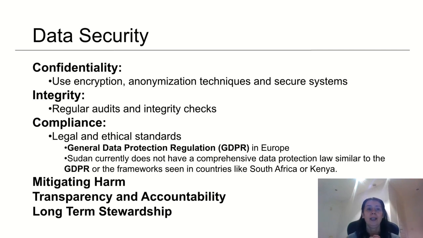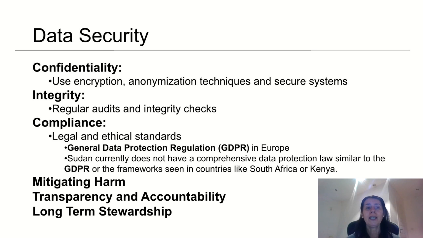So, in order to secure data, we have to secure confidentiality of sensitive data of participants. For this, we should use encryption, anonymization techniques, and secure systems. So we need to control the access to the codes that couple the personal information with the other data.